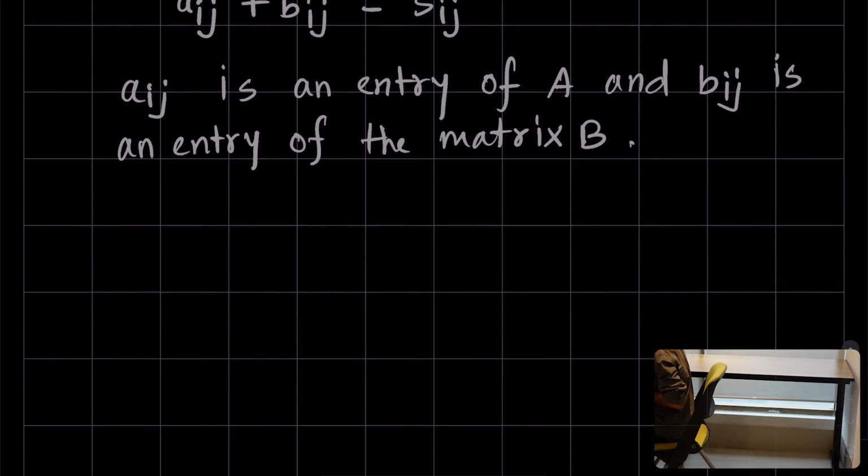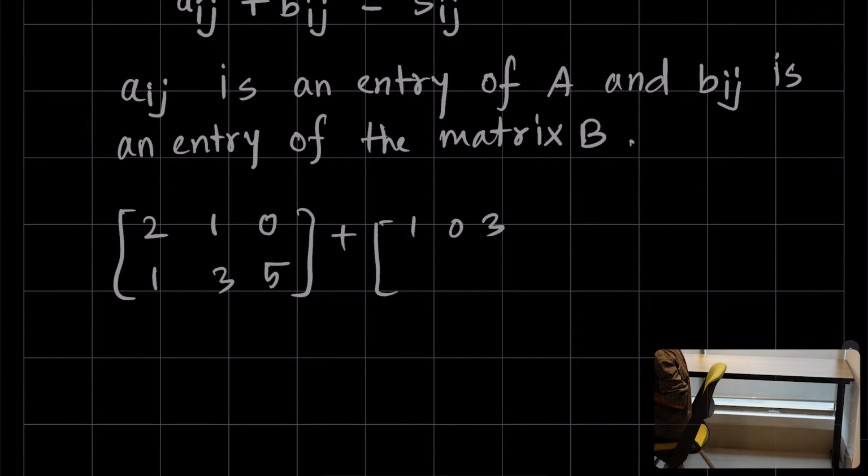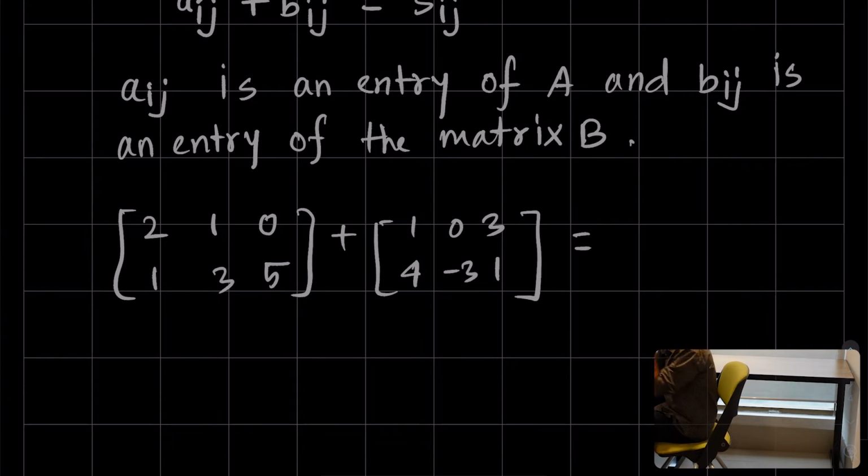We can see a simple example, and this is like 2, 1, 0, 1, 3, 5. If I add it with 1, 0, 3, 4, minus 3, 1, what will be the result then?